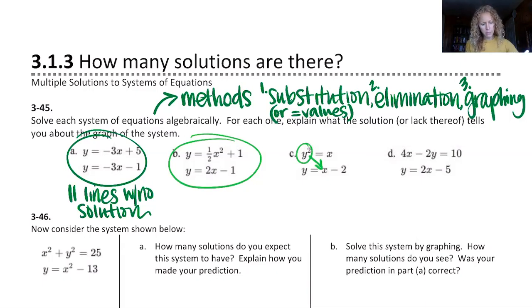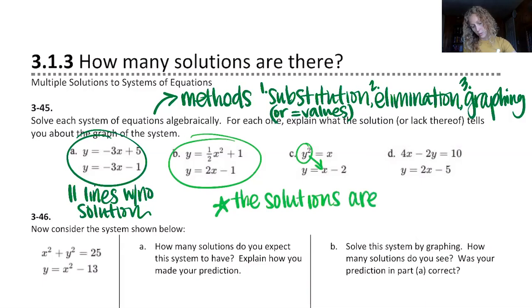One thing to remember, don't forget, the solutions to systems of equations like these are coordinate pairs, so like x, y points, like there is an x and a y that makes it true.